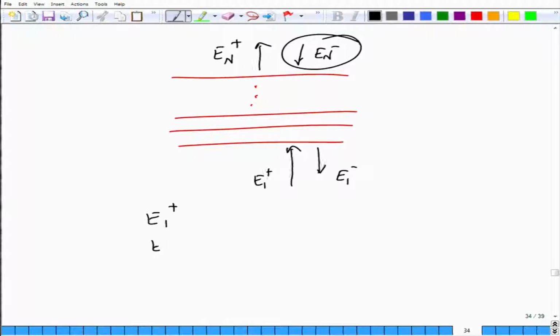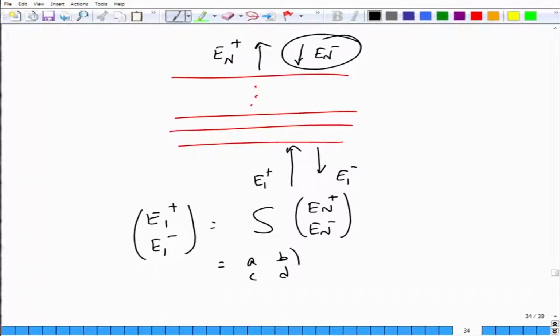For this case you can write down the overall relationship between E1 plus and E1 minus as a big matrix S times En plus and En minus. This overall matrix will be a 2 by 2 matrix, which can be written as A, B, C and D.